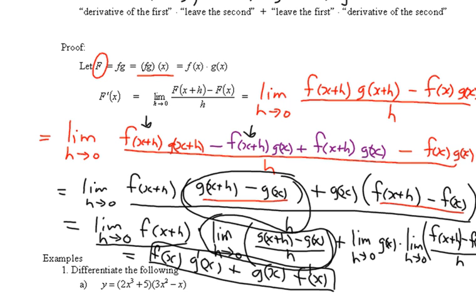So g of x plus h minus g of x over h is the derivative of g, right? The limit as h goes to 0 of these two minus each other over h is part of our derivative definition. And this one over h is the derivative of f of x, right?